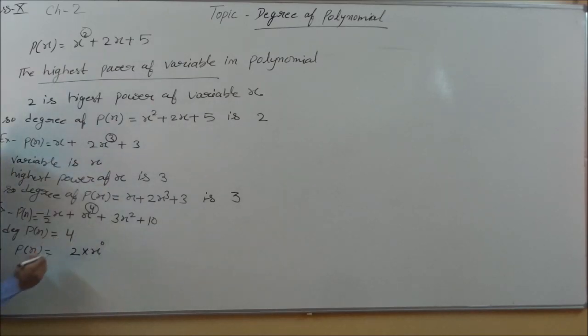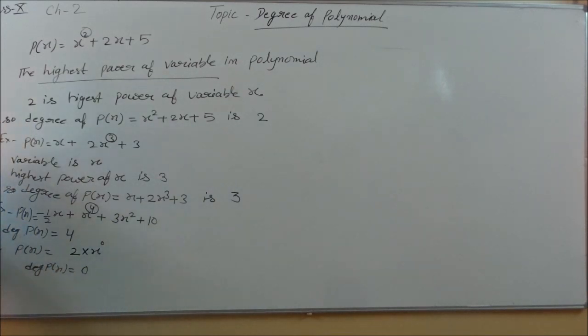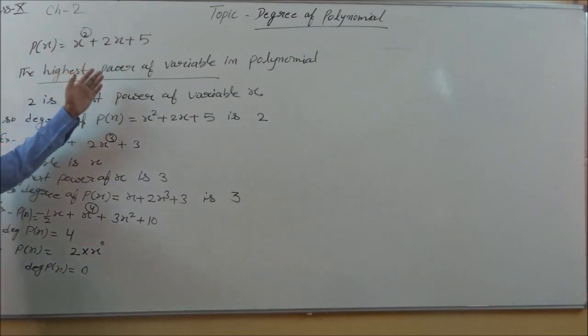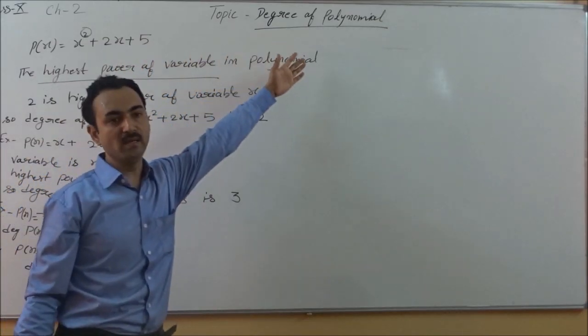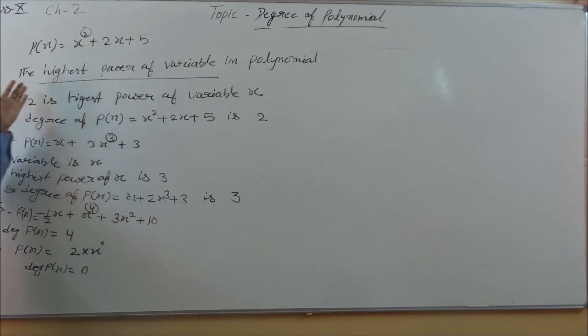So the degree of p(x) here is 0. So 0 is the degree of a constant polynomial. I think you have understood the meaning of degree of a polynomial and how we find the degree for different types of polynomials.